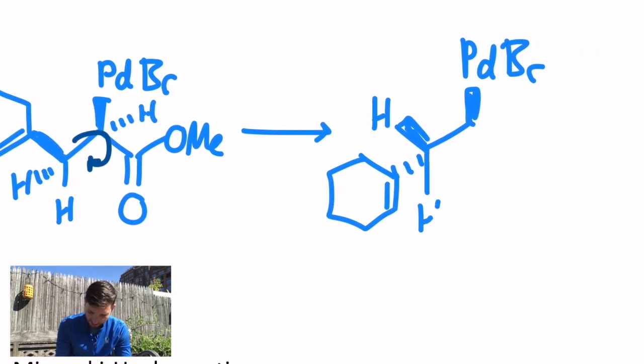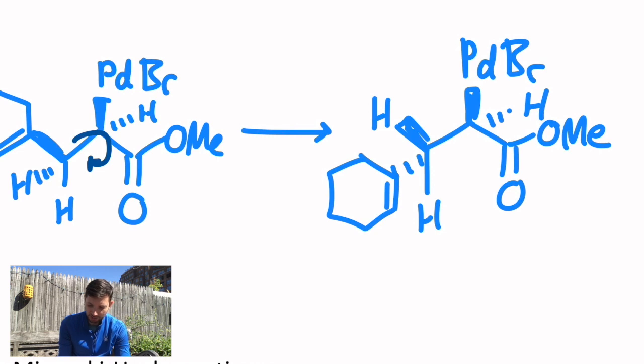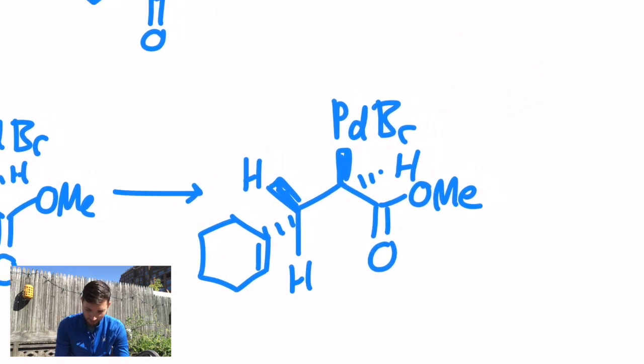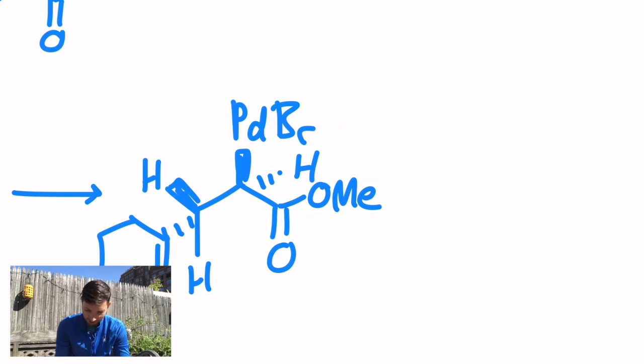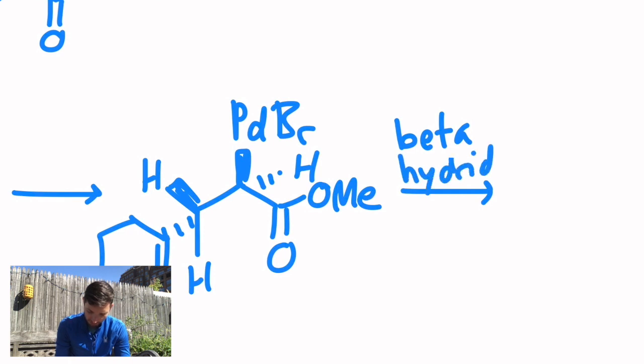I'm going to show the one that's less sterically cumbersome, and we'll see that that actually explains the trans-alkene product. But now we're set up to lose the palladium and lose the beta hydrogen, and this is in fact called a beta hydride elimination.